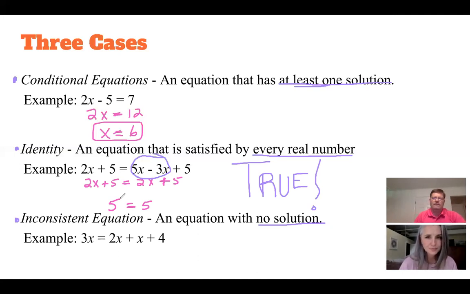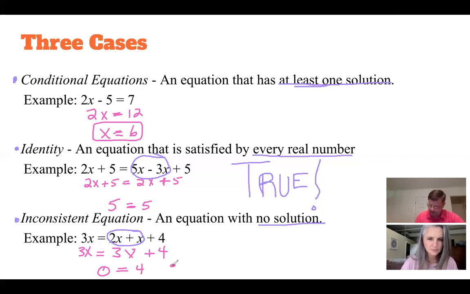Now, when we get one that is inconsistent, it's going to work out in a similar way. I'll get 3x equals 3x plus 4 when I combine the like terms. And when I go to subtract the 3x, what I'm going to get is 0 equals 4.